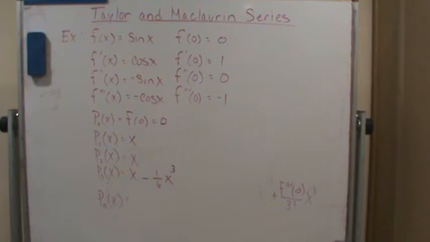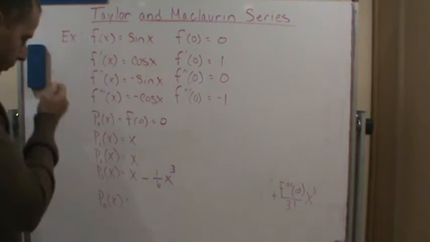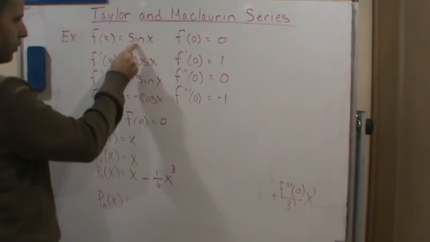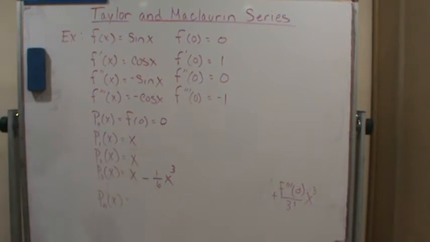Okay, now, since the fourth derivative is just sine x, right? So let's look at the fourth derivative. Well, we know that the fourth derivative just brings us right back to this. So this is a repeated pattern, right?